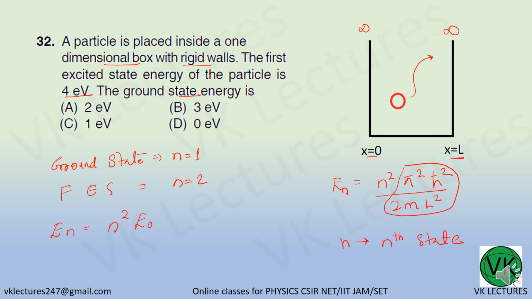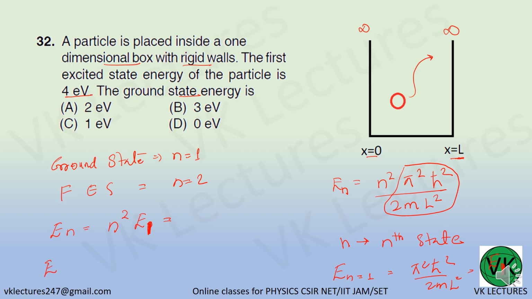That means, En for n equal to 1 is pi square h cross square divided by 2m L square. This we are writing as E naught, or let me write it as E1. This is given as the first excited state energy.